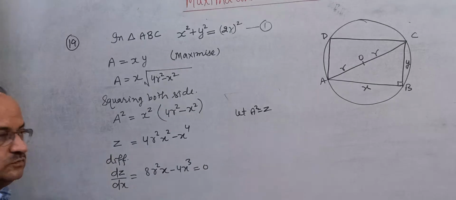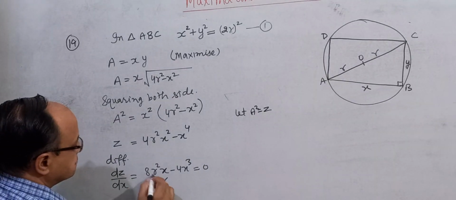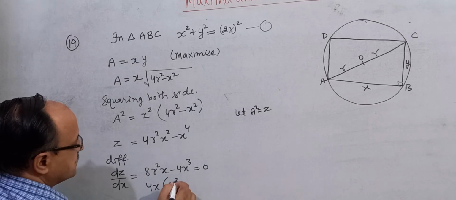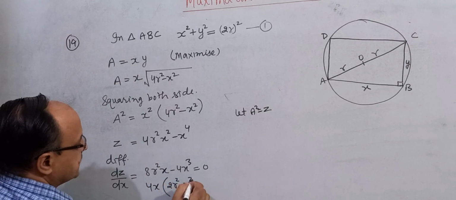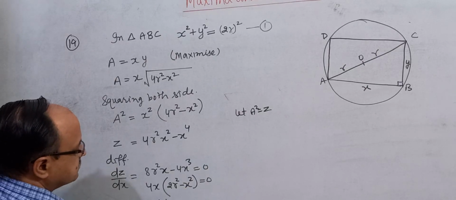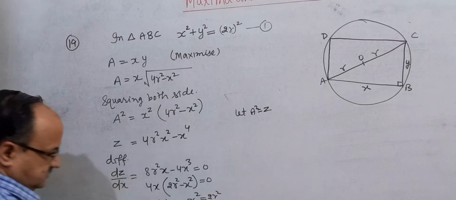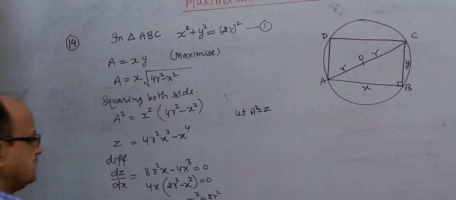Put this equal to 0. Take common 4x: 2r square minus x square is equal to 0. But you know that x is not equal to 0. Therefore x square is equal to 2r square.